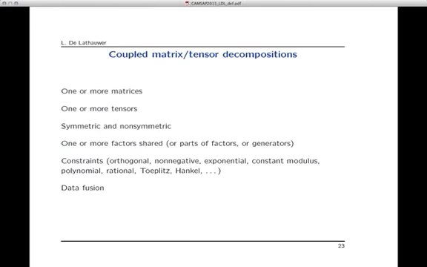And something else: we are now moving from just one matrix decomposition or one tensor decomposition to several matrices and tensors that are coupled and that have stuff in common. For instance, in recommender systems, you could say we have a number of restaurants that receive scores from different users, people, on a number of criteria, and you have a data tensor that you want to analyze.